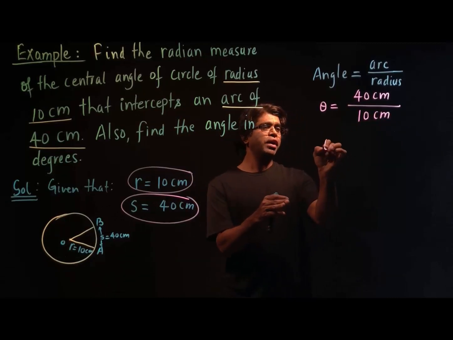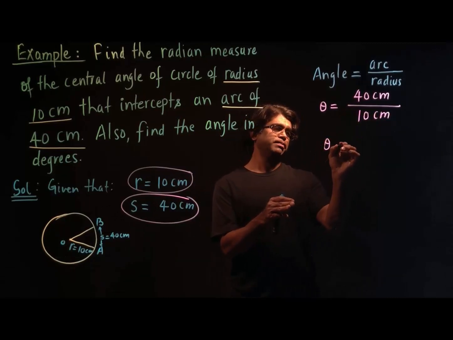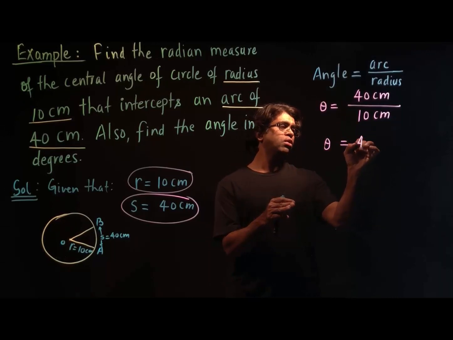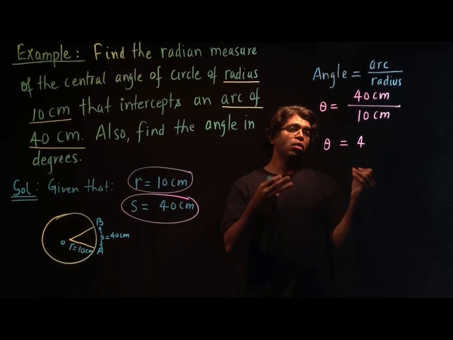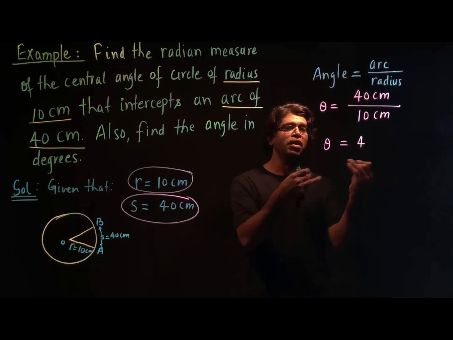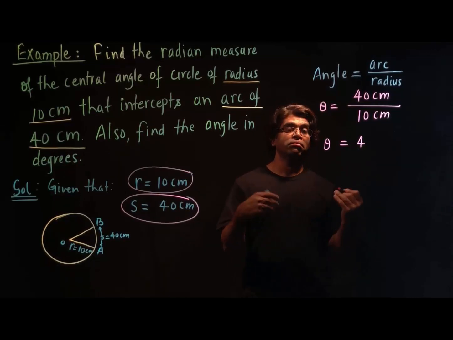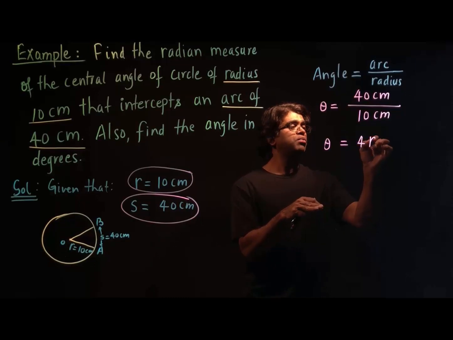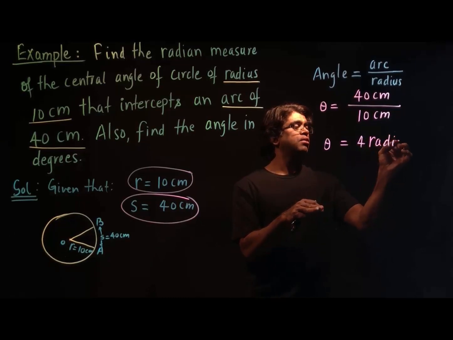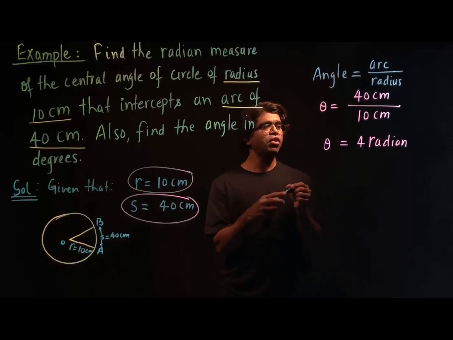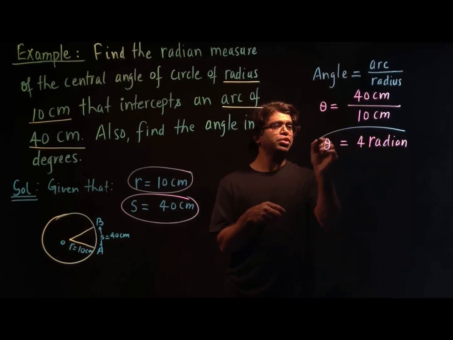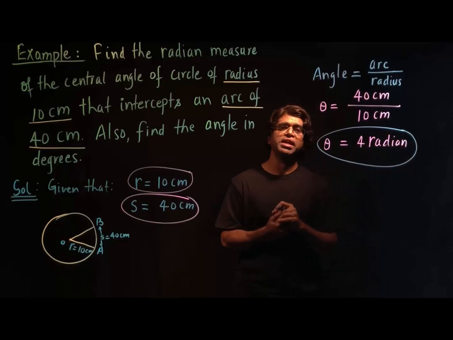And we all know that 40 over 10 is 4. And the angle is 4. Now, the question is, what is the unit of this angle? Yeah, you're right. The unit of this angle is radian. So the value of the angle in terms of radian is 4 radian.